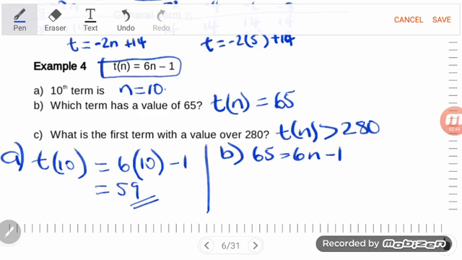Okay, now in rearranging, first step, we always collect like terms. So we've got 65 and 1 are both whole numbers. Let's put those two together, shall we? They are on opposite sides. So if I want to move the negative 1 to the other side, I have to give it the opposite sign. So 65 plus 1 is 66.